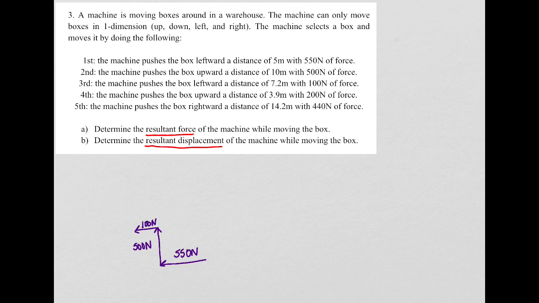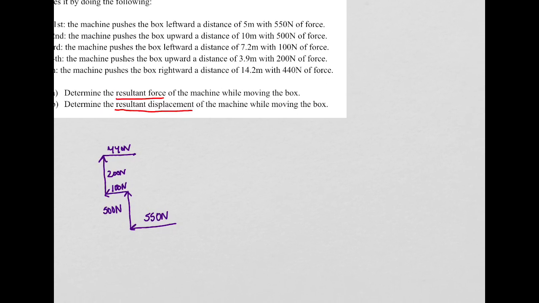Upward again, 200 newtons. And then finally, it moves the box rightward with a force of 440 newtons. All right, so this one is pretty easy, all because we don't have any angled vectors.